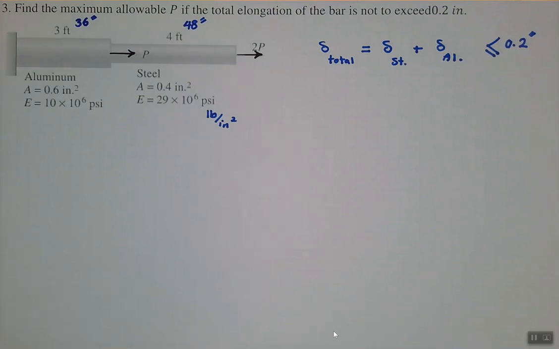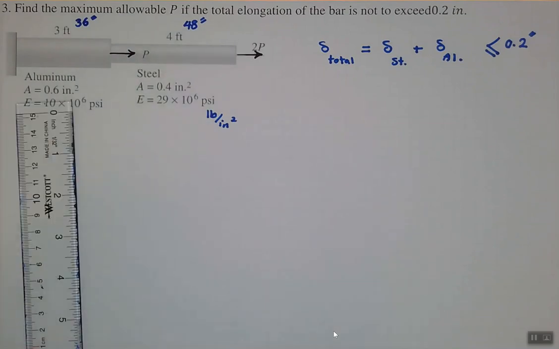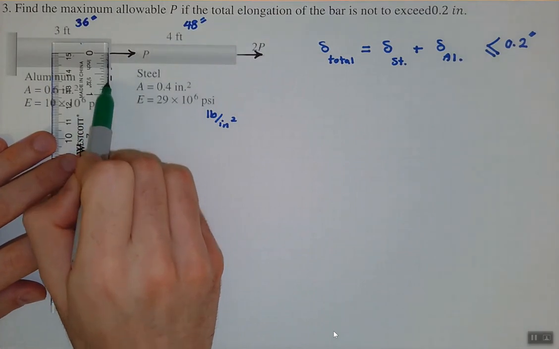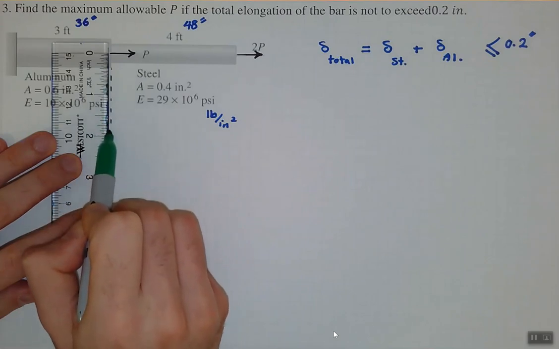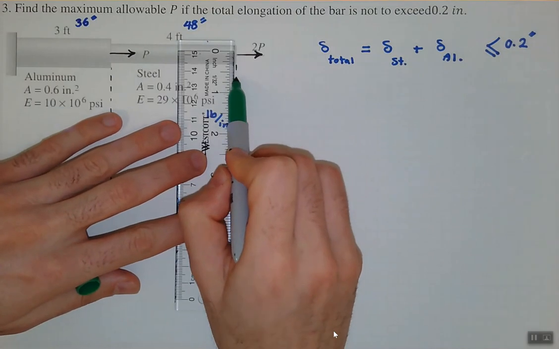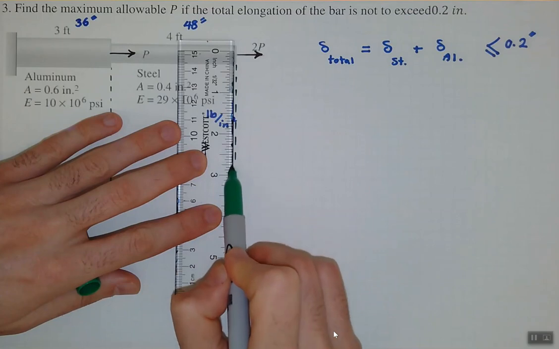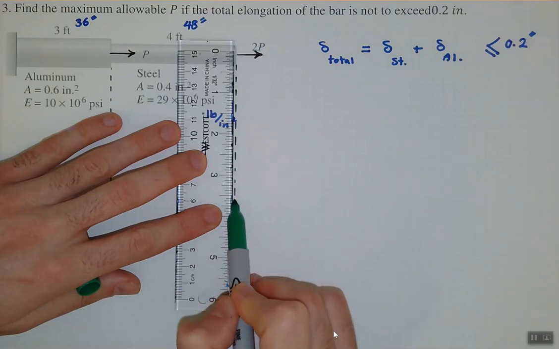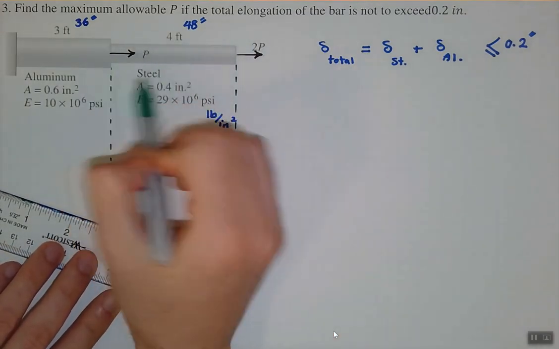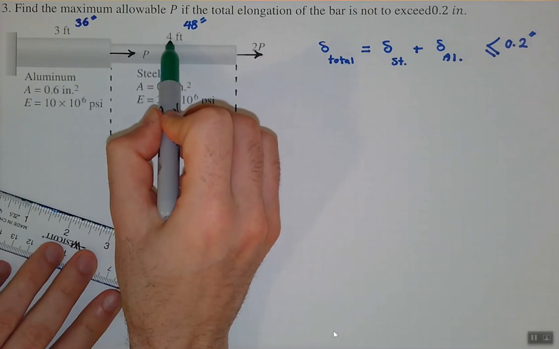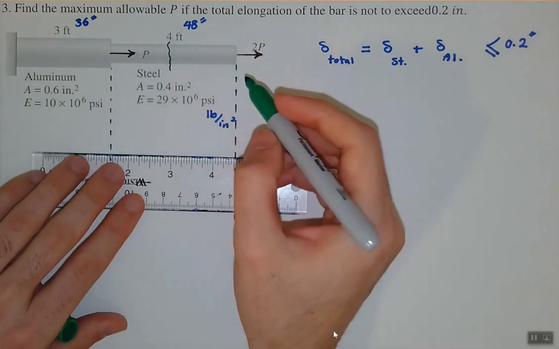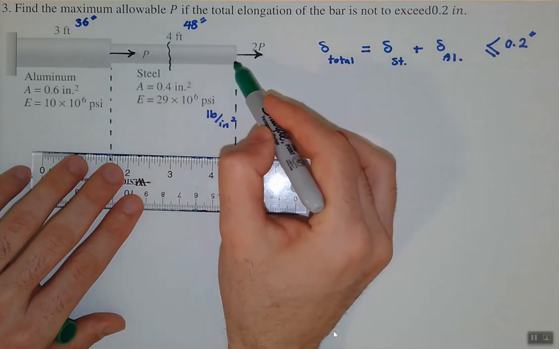And then we look at these two sections again. As I explained in the lecture, we need to be careful to find out how much is the internal load for each of these sections. So we need to be patient in order to avoid any mistake. What we do is imagine that for this aluminum section, we cut it somewhere, let's say in the middle, it doesn't have to be in the middle, somewhere between the end and the start.